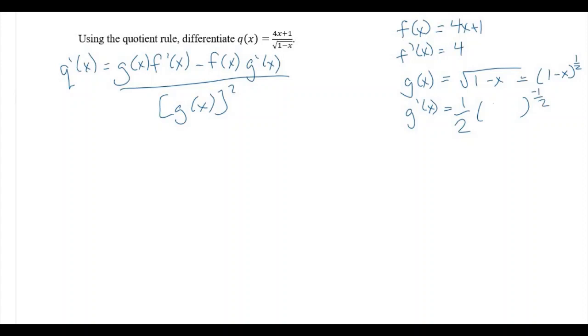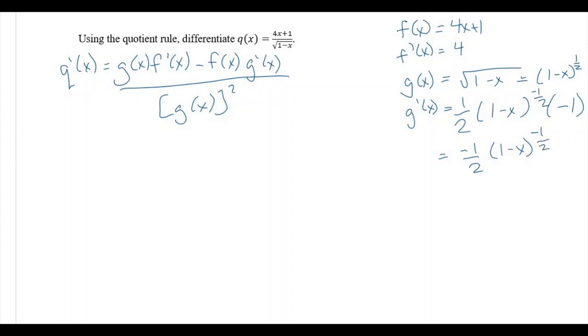The inside function stays the same. And then we multiply by the derivative of the inside function, which is negative 1, just a linear, so it's minus x. So it becomes negative 1 as our slope or our derivative. Or we can rewrite that as negative 1/2 times 1 minus x to the negative 1/2.